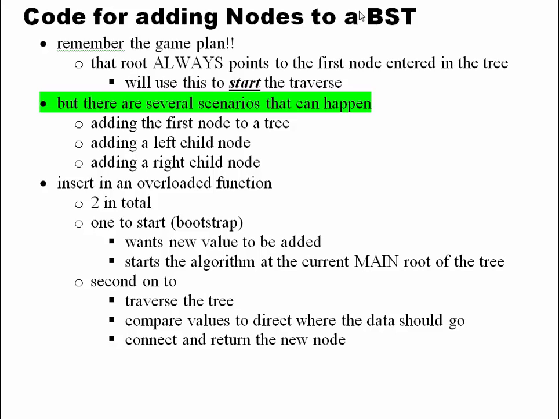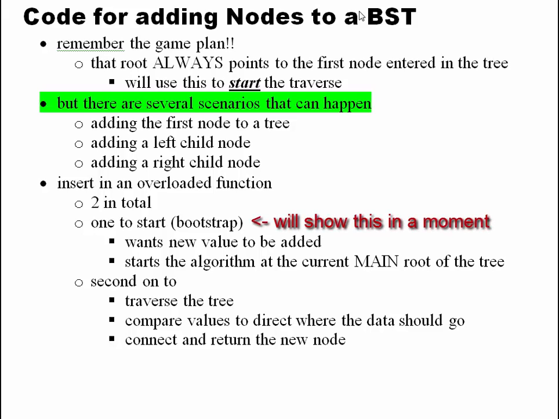Now in the code that I give you, there are two actual insert functions. The one is to start things off, and it's called a bootstrap. This algorithm starts with us saying, okay, here's the value, but it's a delegator, so it says, okay, here's a new value, and here comes the root that you need to glide down to put into the right spot.